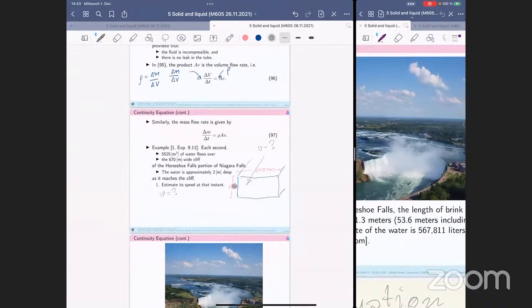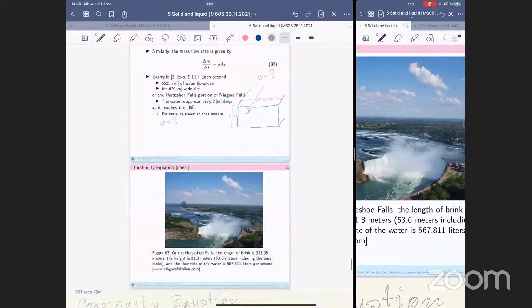Let's say the total distance, if you walk around here, is 670 meters. And the height of the water from the water level to the ground at this location is approximately 2 meters.